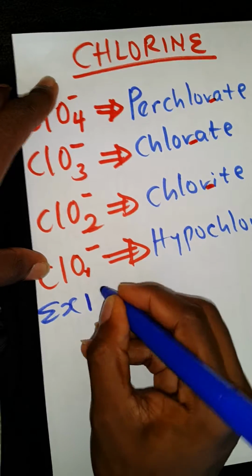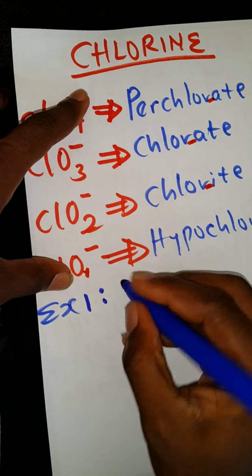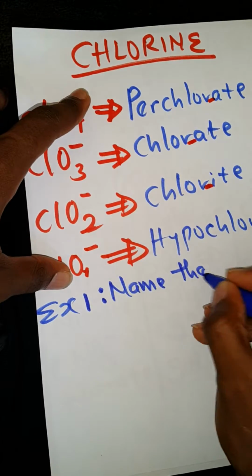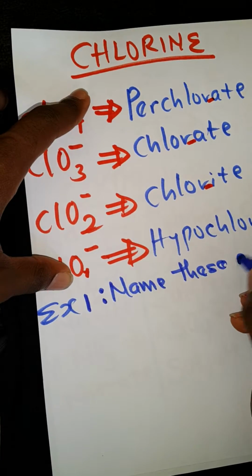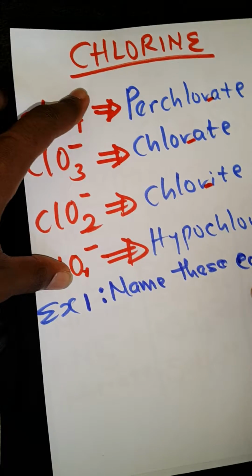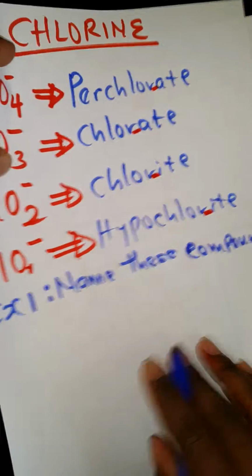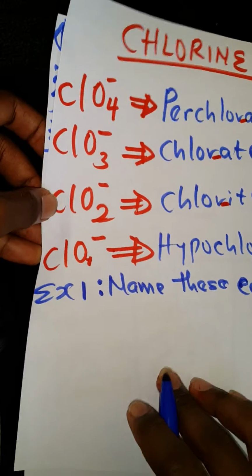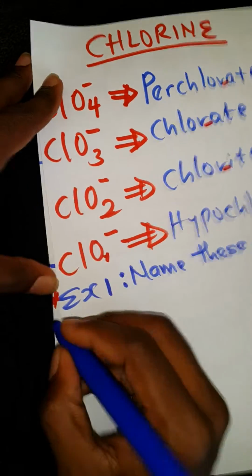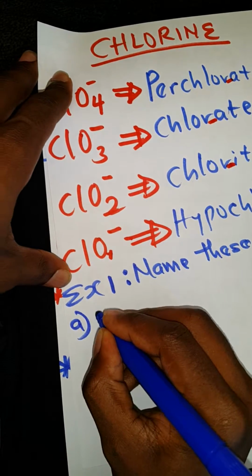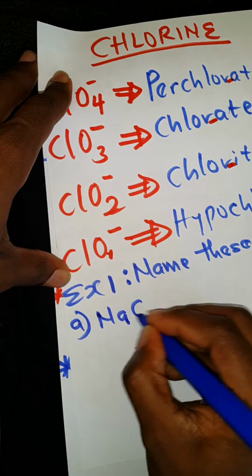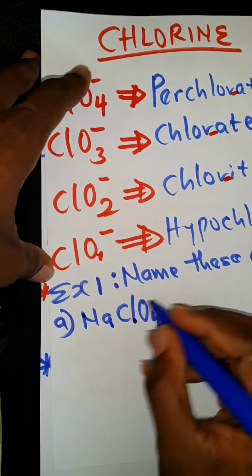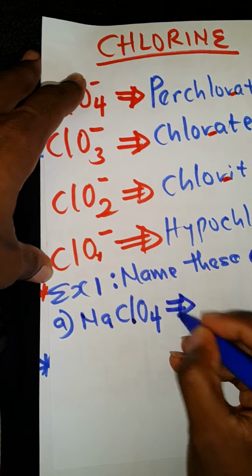The first one, we're asked to name these compounds. The first one is NaClO4. How do you name this?